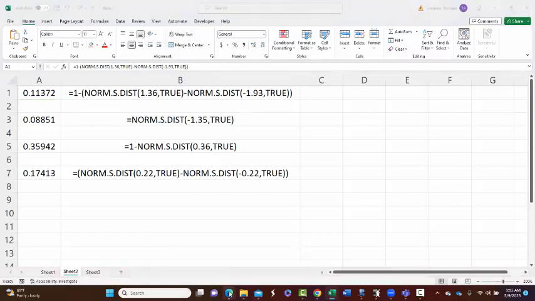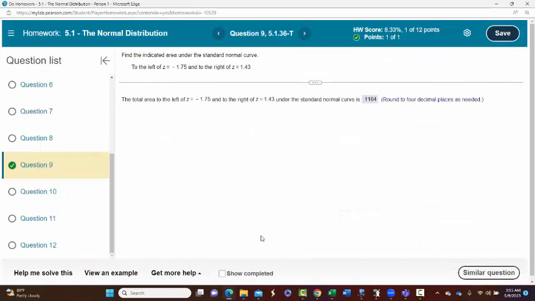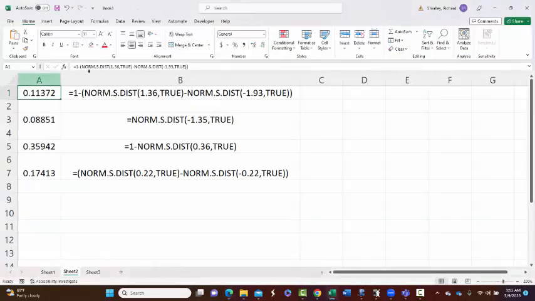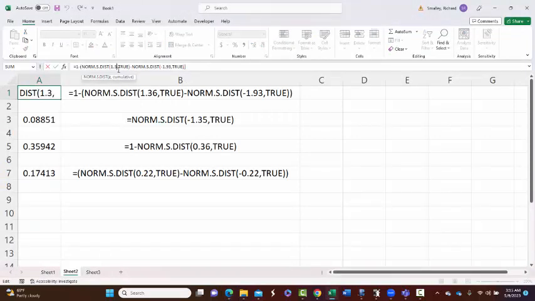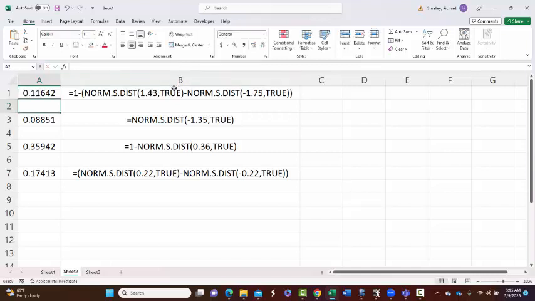And they are 1.43 and negative 1.75. Now you can see the command in all its glory right there. And 1164, that's our answer. Now you can pause this and look at this if you need to. But I'll move on now.